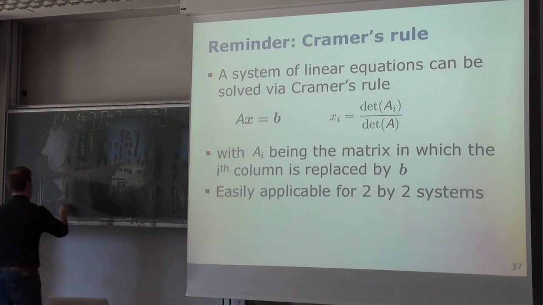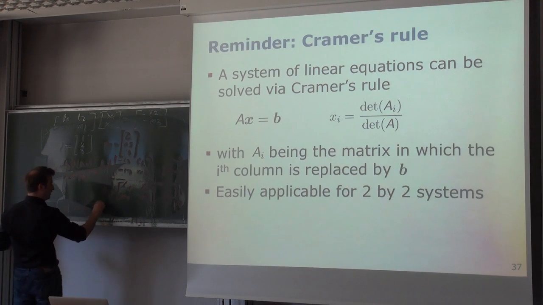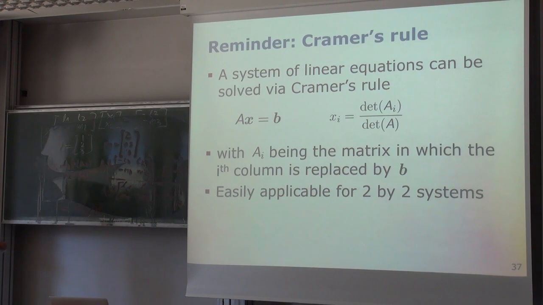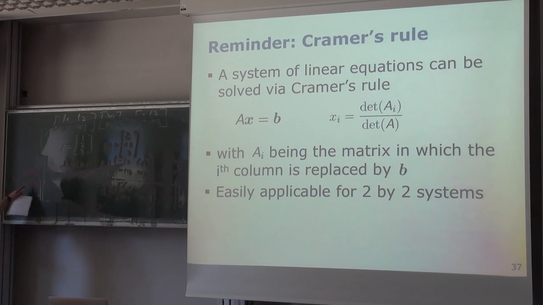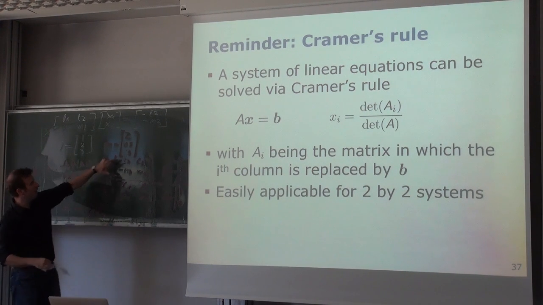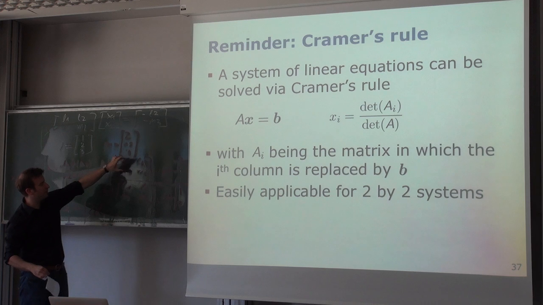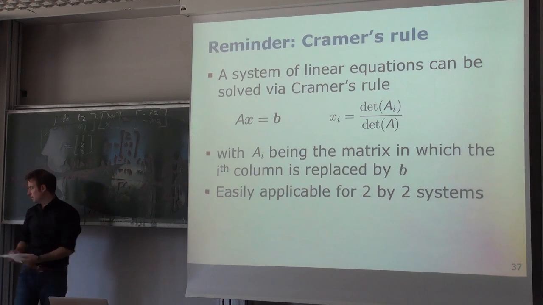If I compute that, I get the result of minus 1.286 in this example. I can do exactly the same thing for x2, except that I compute the determinant of A2. I get exactly the same result, except that I don't replace the first column but the second column over here.